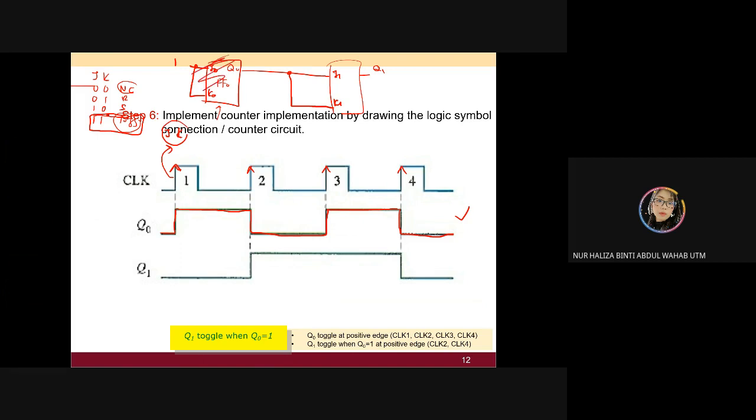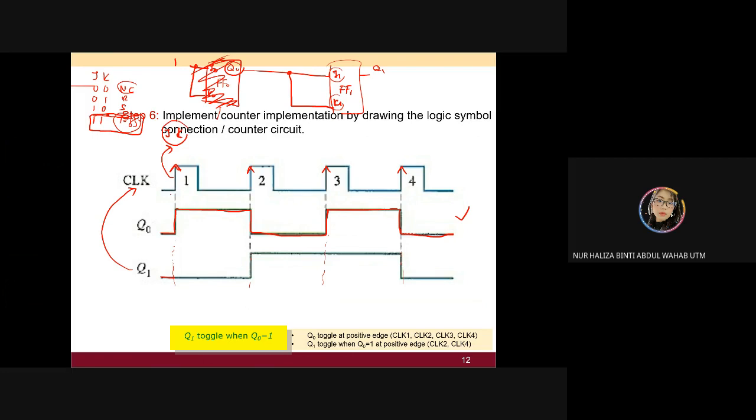And ignore this. But now you can see your next flip-flop FF1, the value of J1 and K1 depends on the value of this Q0. Okay, so you are referring to this similar clock. You're going to trigger at the positive clock there. At every positive clock, you're going to trigger looking at the value of your JK. So start from 0.